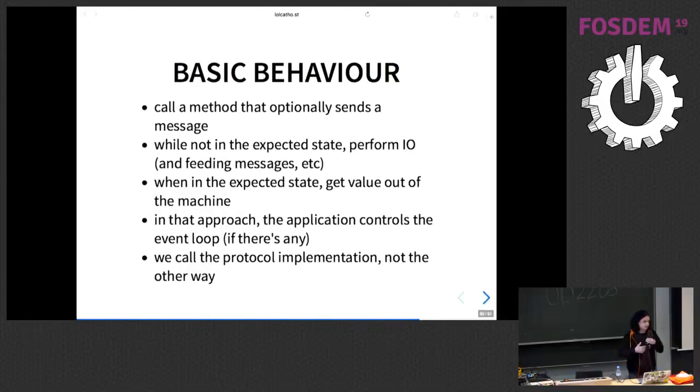I want you to create a channel and then send some message on it. So you need to have methods. The method will trigger a state change, will trigger the message sent over the network, or waiting for a message from the network. And then you let the I/O implementation run until something happens.